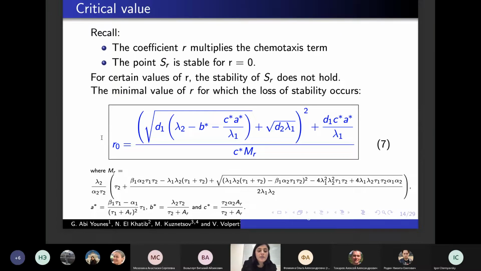We have a critical value R0 for r, for which the loss of stability of SR occurs. In other words, when r is greater or equal to R0, SR is no longer stable because the eigenvalues are no longer strictly negative.